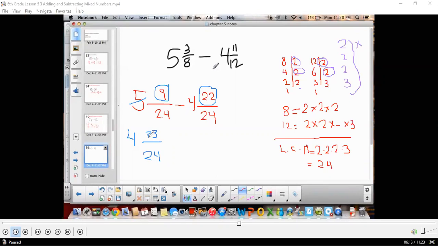So I have 33 over 24 minus 22 over 24. Then we start to subtract: 4 minus 4 equals 0, and then I have 24, and 33 minus 22 equals 11.